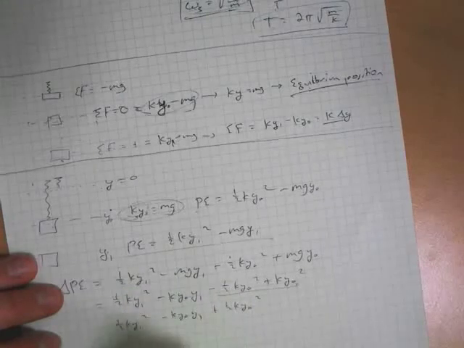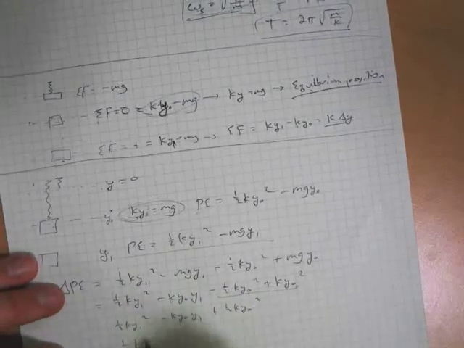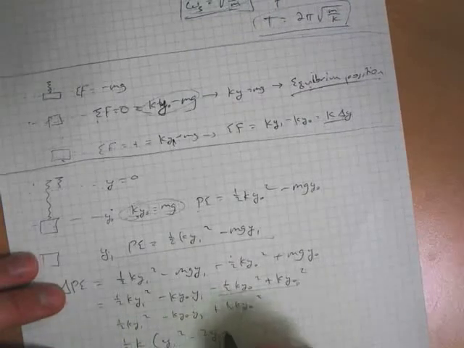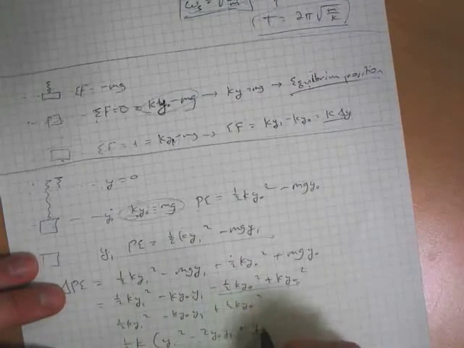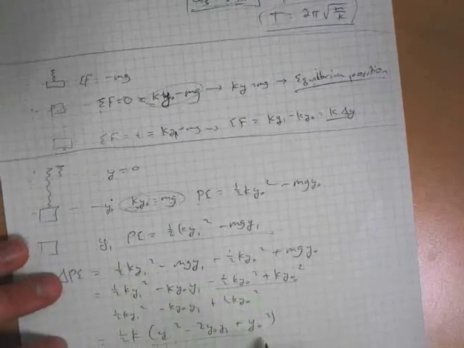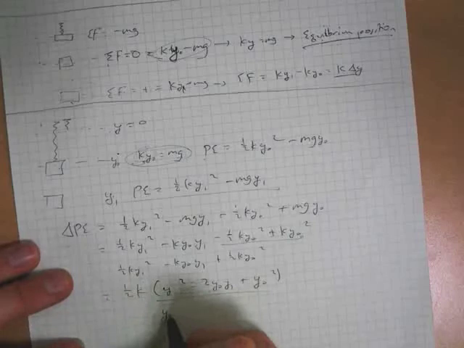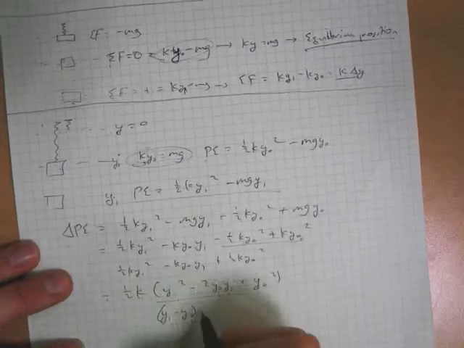If we factor out a 1/2 k, this leaves us with y1 squared minus 2 y naught y1 plus y naught squared. This is a perfect square. This is y1 minus y naught squared.